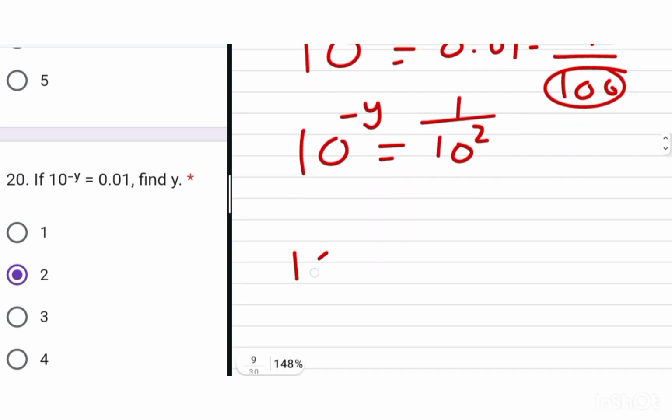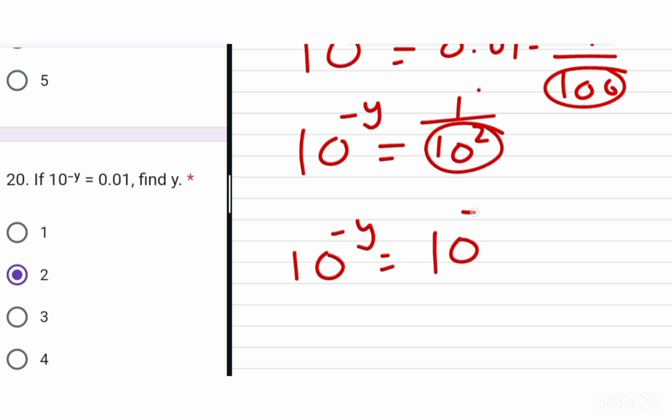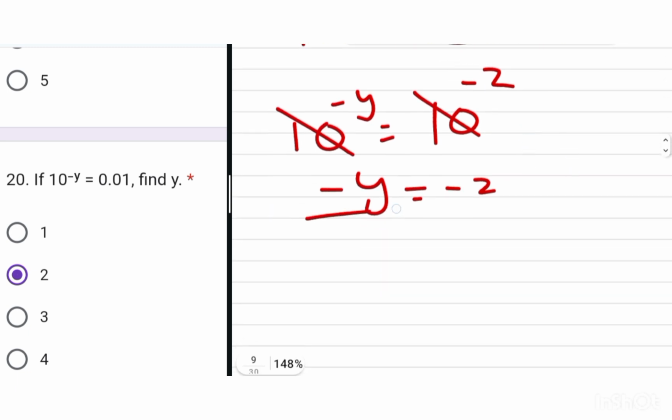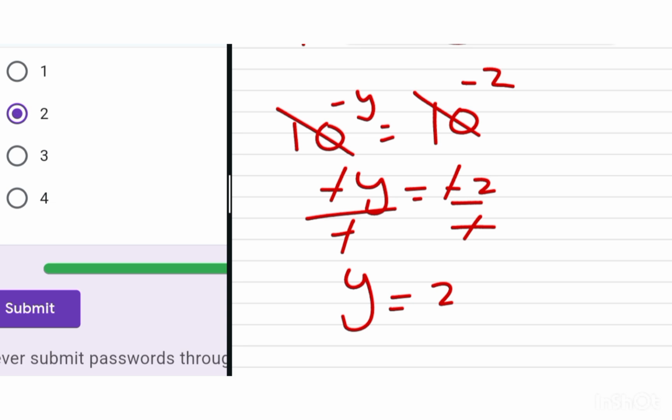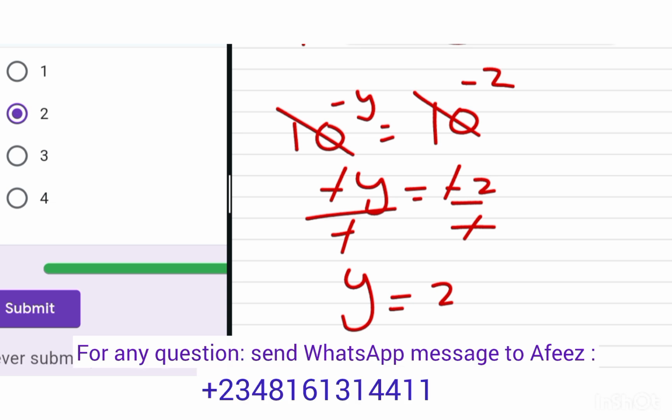Using negative index law, we can take 10 raised to power 2 to become our numerator by changing the power to negative 2. So 10 raised to power minus y equals 10 raised to power minus 2. Cancel out the base. We have minus y is equal to minus 2. Divide both sides by minus. Our answer is y equals 2.